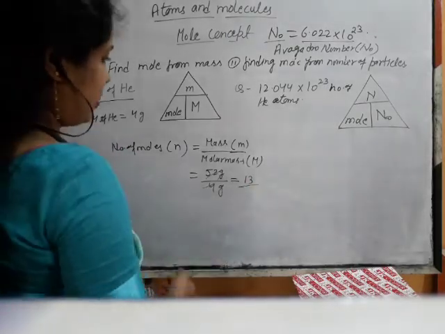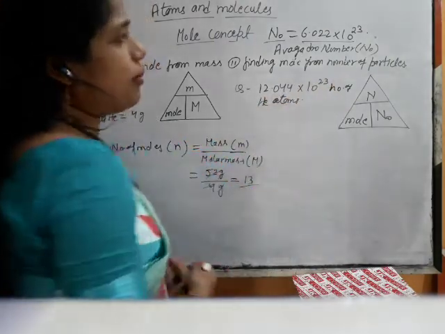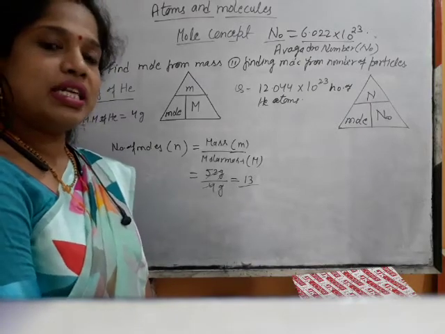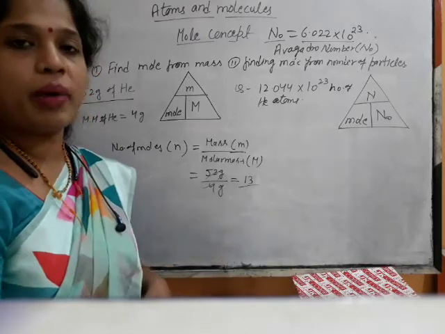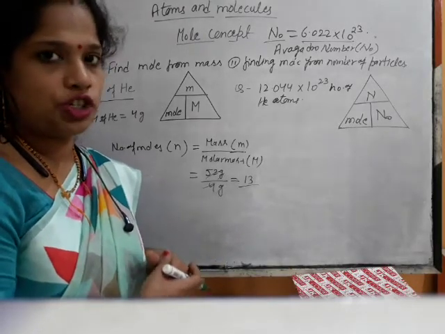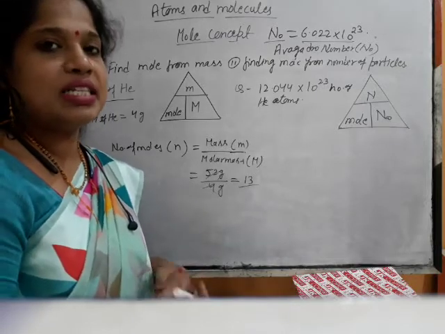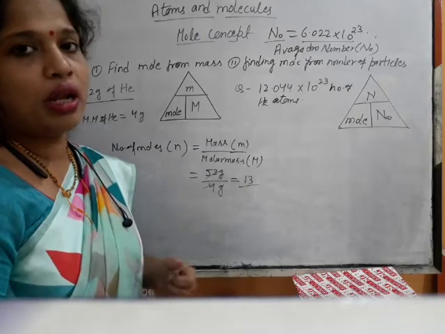Now another type. The second type is finding mole from the number of particles. We know that 1 mole is equal to the Avogadro number of particles, 6.022 into 10 raised to the power 23 particles. But if the number of particles is given for a particular atom or molecule, then how do we find the number of moles?